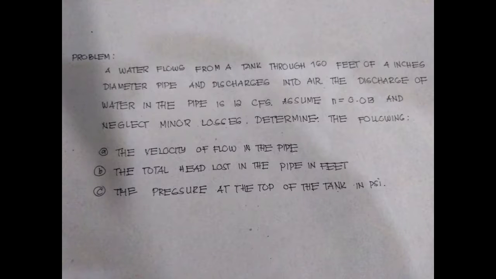Water flows from a tank through 160 feet of 4 inches diameter pipe and discharges into air. The discharge of water in the pipe is 12 CFS. Assume n equals 0.013 and neglect minor losses. Determine the velocity of flow in the pipe in FPS, the total head loss in the pipe in feet, and the pressure at the top of the tank in PSI.